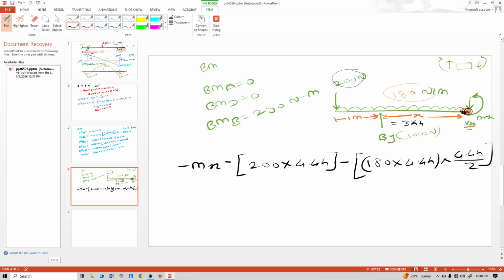And again By is clockwise, so By is 1000, 1000 into 3.44 equal to 0.